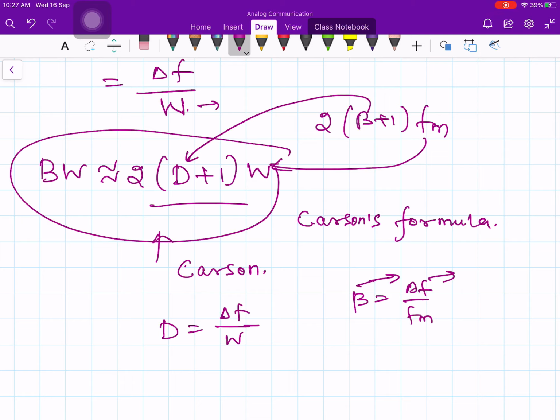So then it becomes wideband FM. When delta f is large, the bandwidth will be governed largely by the peak frequency deviation, and that makes a lot of intuitive sense. The bandwidth will essentially be dictated by the highest instantaneous frequency in the modulated signal, that is fc plus delta f. On the other hand, if this peak frequency deviation is small, which will essentially happen when beta is small, that means narrowband FM.